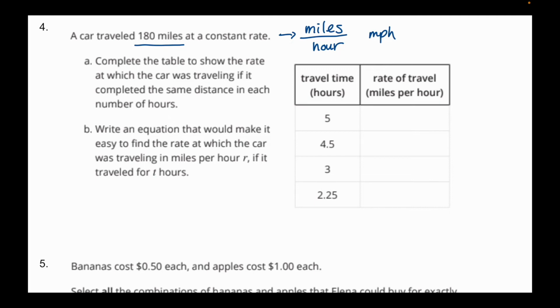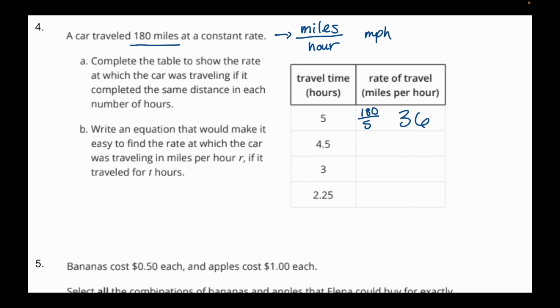So for us, the number of miles is that 180. So I am going to do 180 divided by 5. I'm actually going to do that on a calculator. 180 divided by 5 gives me 36. So for this one, we'll have 36.